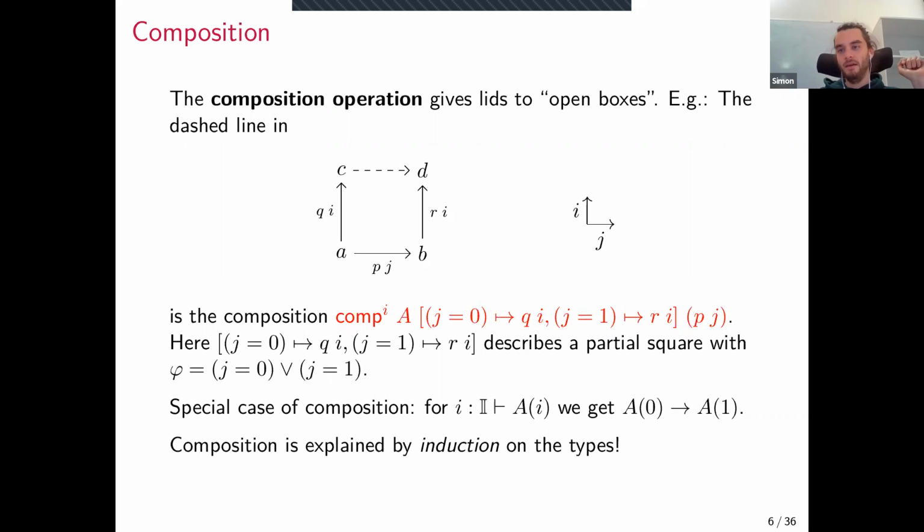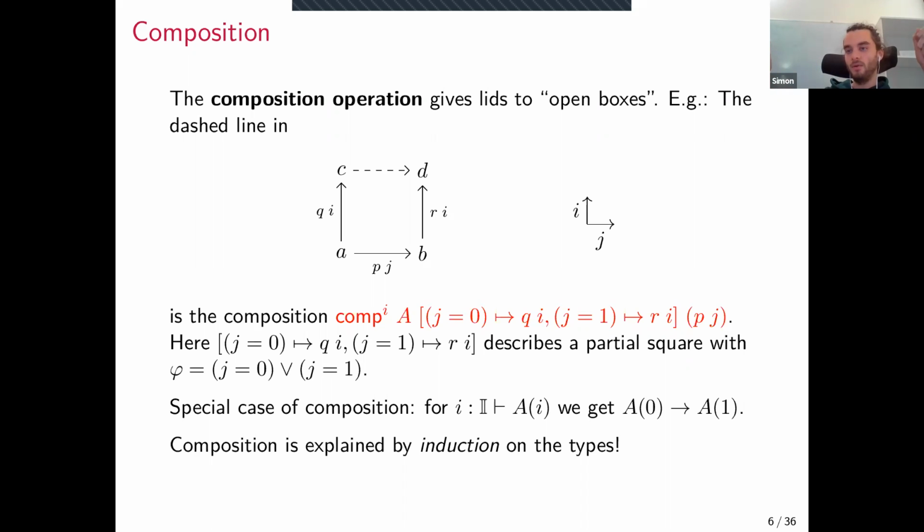And what is important here is that these composition operations are explained by induction on the types. So for example, if you have a product A times B, then the composition operation for this A times B will involve the composition of A and the composition of B. And for all the type formers in the type theory, you will have an explanation of that.